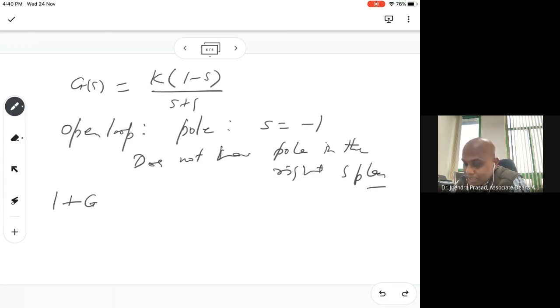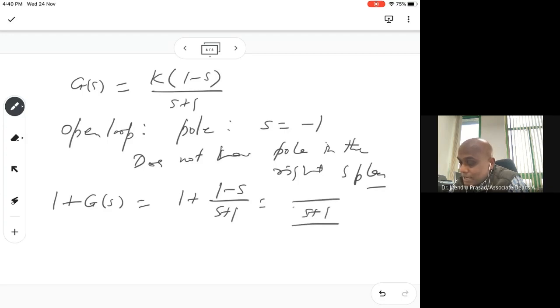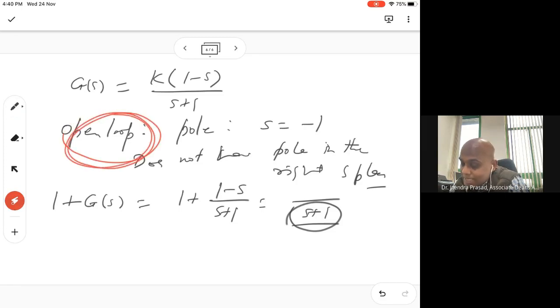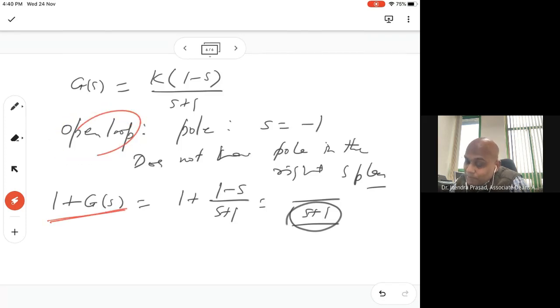And hence, that really means 1 plus G(s), or 1 plus KG(s). K will come later. So right now, 1 plus G(s) will be equal to, say, 1 plus (1 minus S) over (S plus 1). You will see that S plus 1 will come here also. So open loop and closed loop will have the same number of poles on the right hand side.